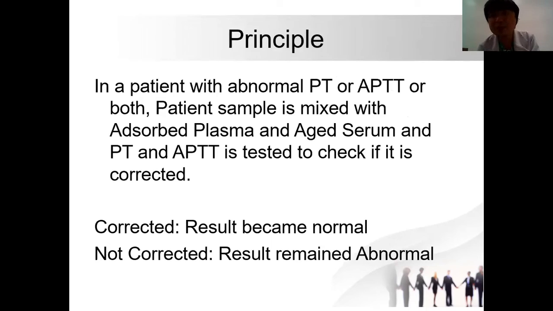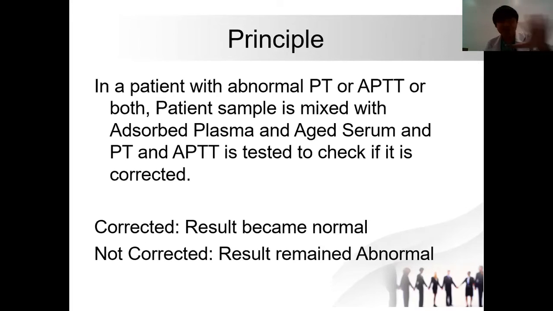The principle of our mixing study: in a patient, we know that there is a factor deficiency once the patient develops abnormality with a prothrombin time, APTT, or both. If the problem is in the extrinsic pathway, the prothrombin time would be prolonged. If intrinsic, APTT. If both, common pathway.